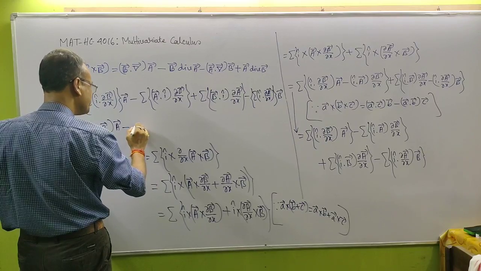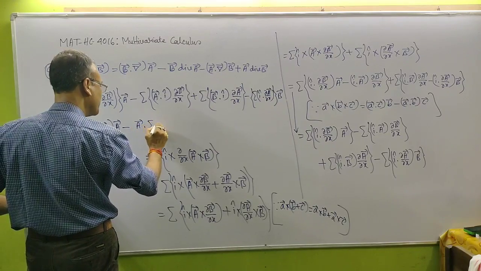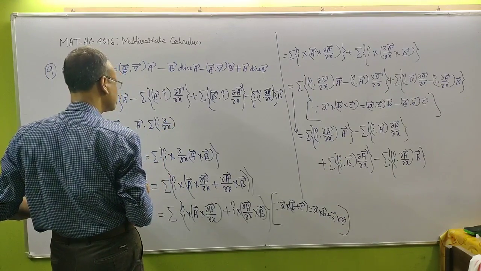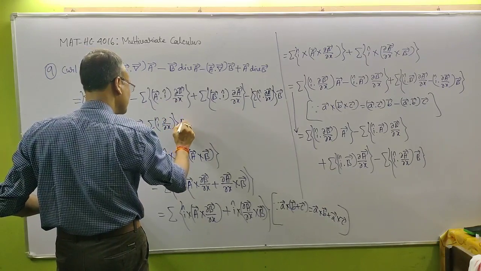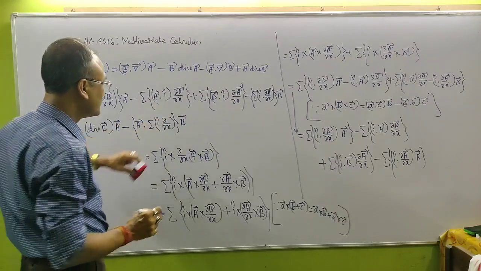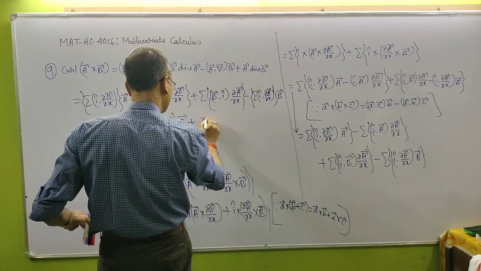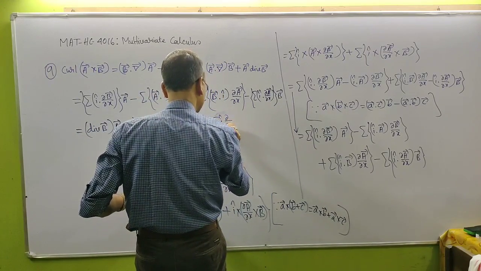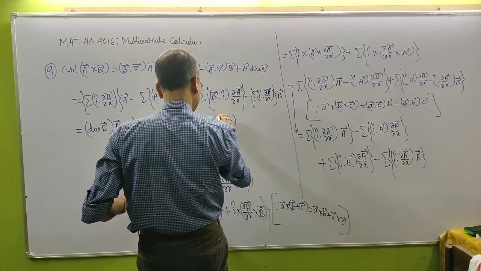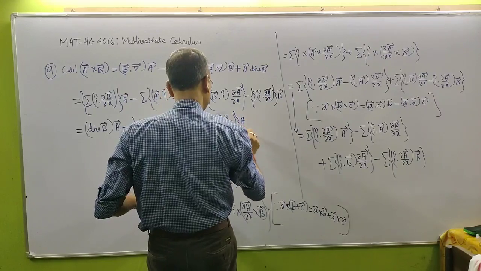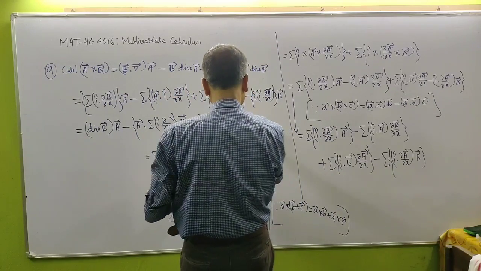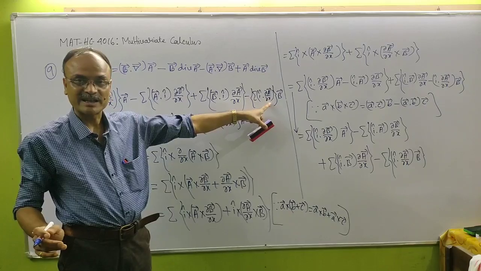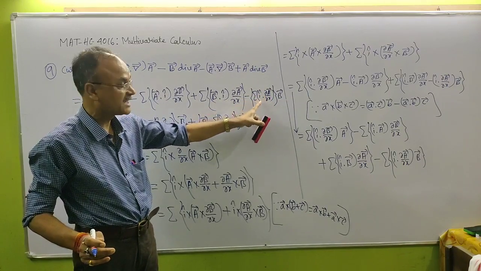Minus A vector dot summation i cap del/del x B. Plus here also B vector dot summation, since it is i cap, you will write summation, A vector minus, what is this? i cap dot del A vector by del x plus j cap dot del A vector by del y plus k cap dot del A vector by del z.